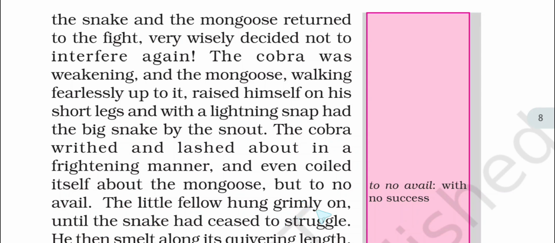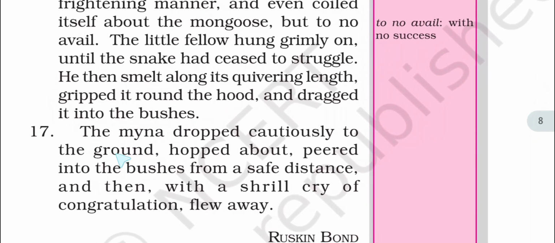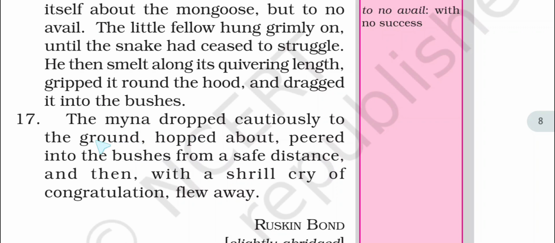The little fellow hung grimly on until the snake had ceased to struggle. He then smelt along its quivering length, gripped it round the hood, and dragged it into the bushes. The myna dropped cautiously to the ground, hopped about, peered into the bushes from a safe distance, and then, with a shrill cry of congratulation, flew away.